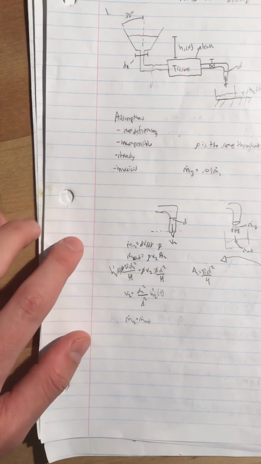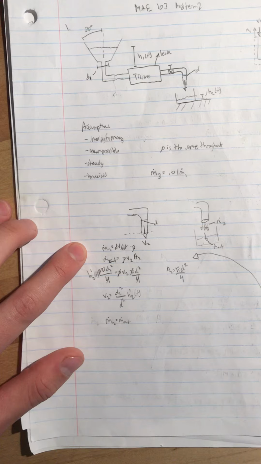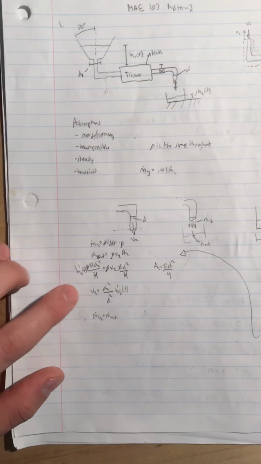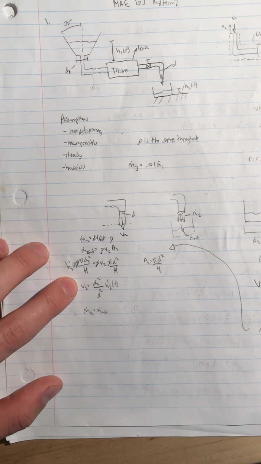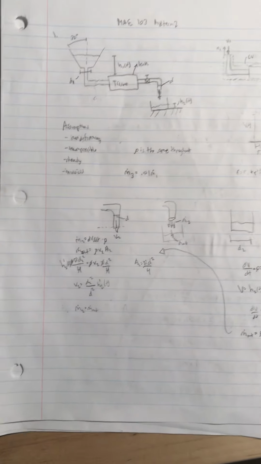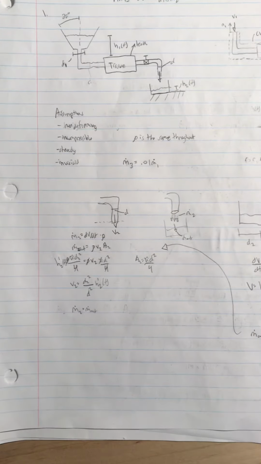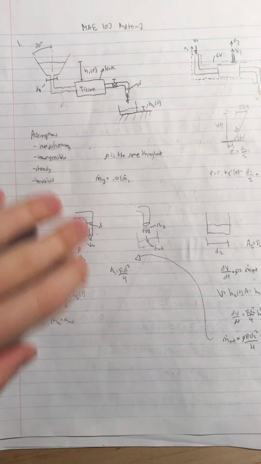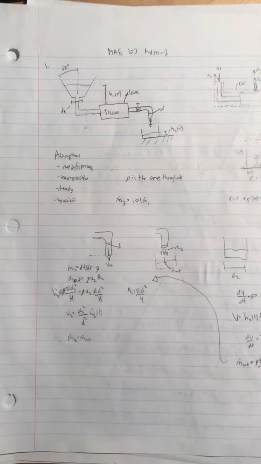Later on, even though this isn't really necessary per se, I still found out the velocity of the mass that leaves this tube. It's not really necessary because we already know how much mass leaves the tube, and that's all we really need. We don't really need the velocity.